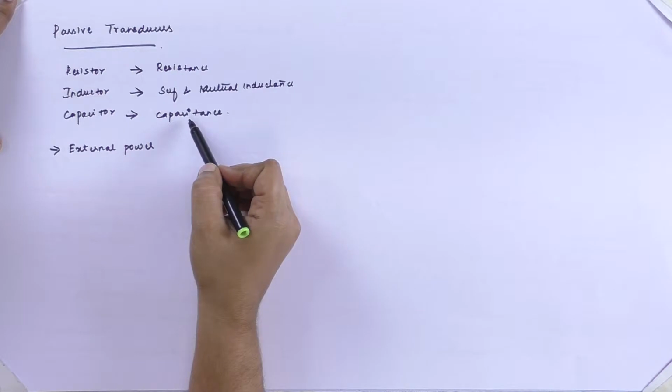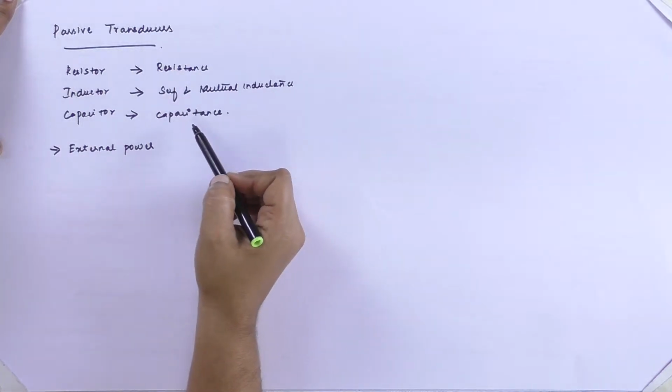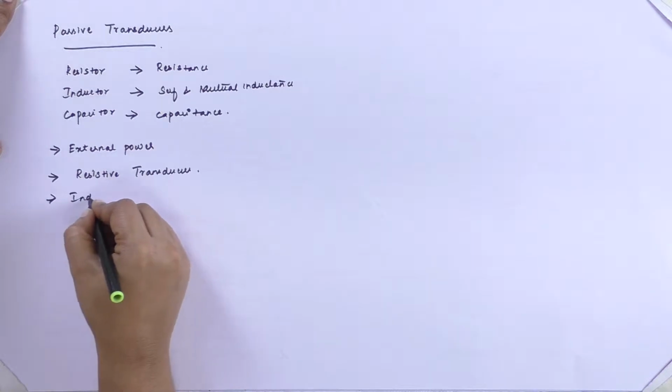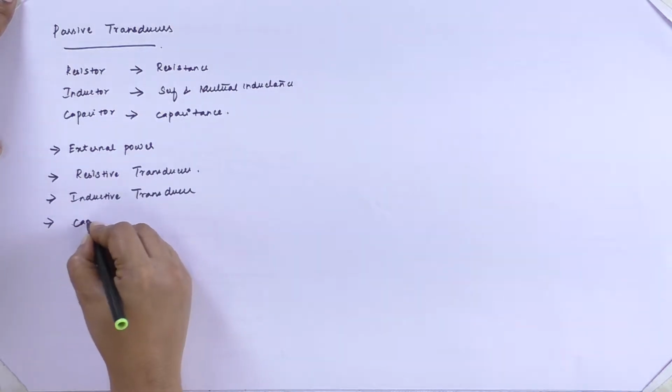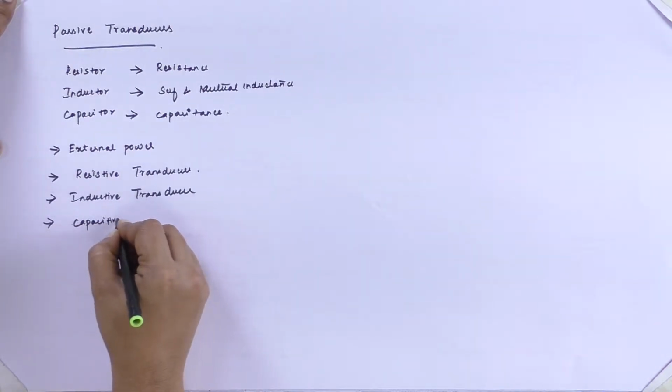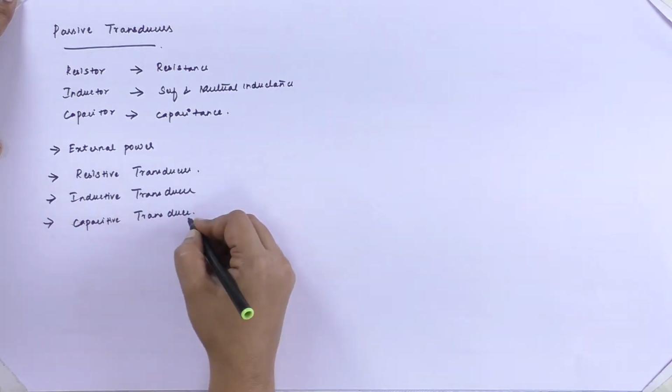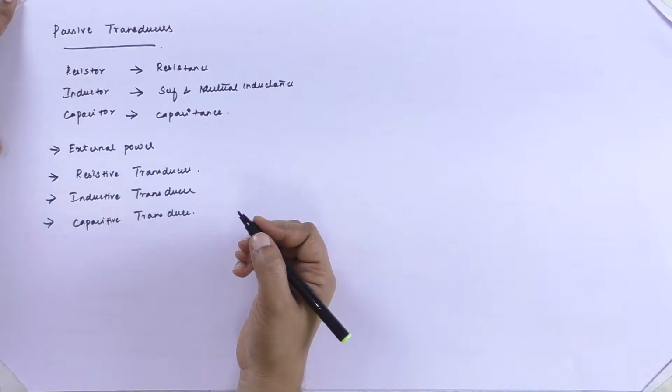Based on these three parameters, the passive transducers are resistive, inductive and capacitive transducers.